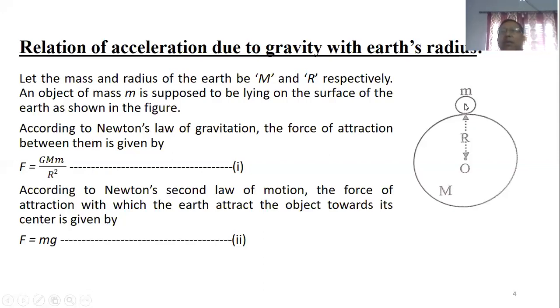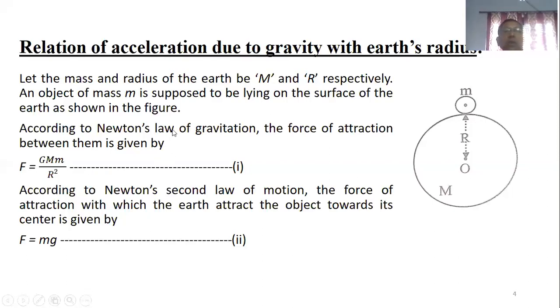This is the small object lying on the surface of the Earth or near the surface of the Earth, and the distance between the Earth and the object is taken equal to the radius of the Earth R, because the distance between the center of the Earth and the object is equivalent to the radius of the Earth.